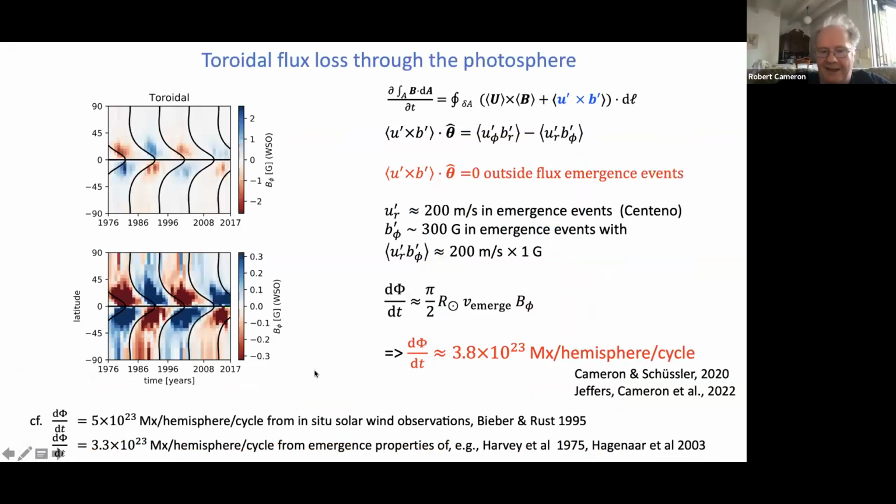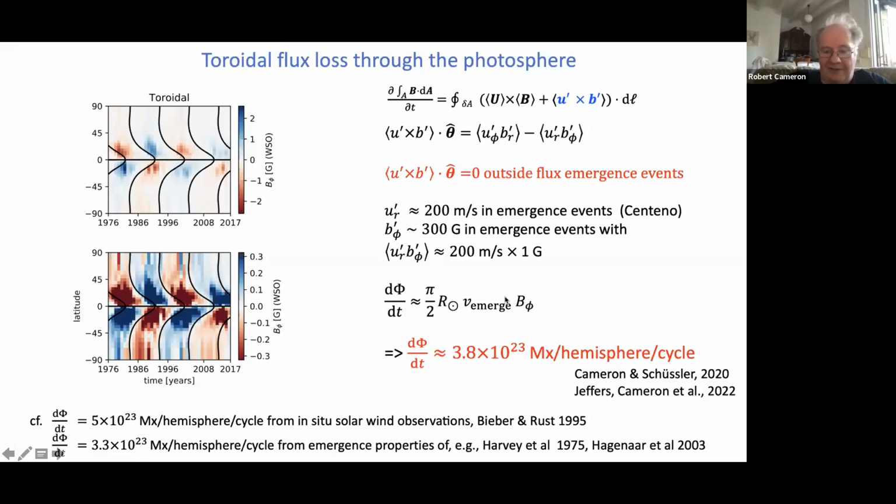So now we can measure flux emergence. We know the average field is given by the observations. It's on the order of a Gauss. We know the velocity at which it emerges, 200 meters per second. So we can calculate how much is lost.